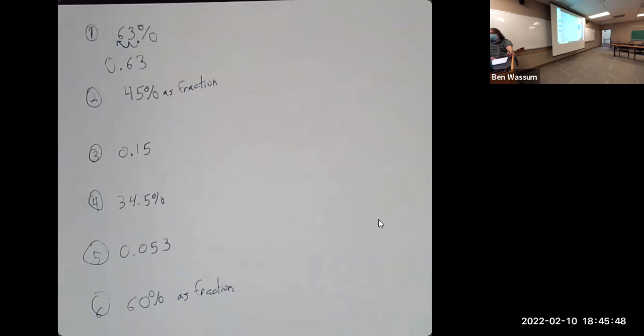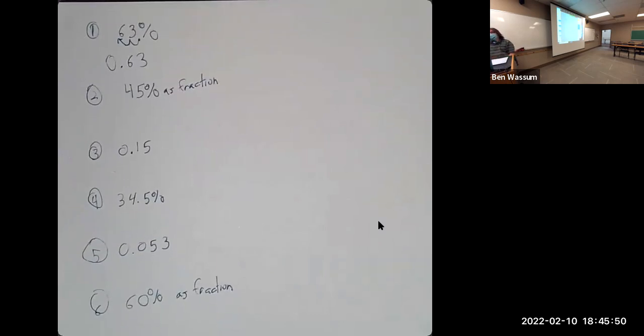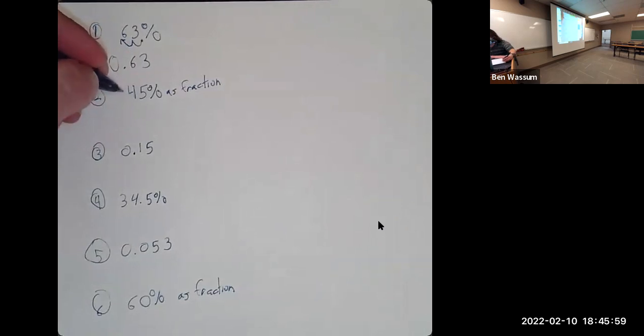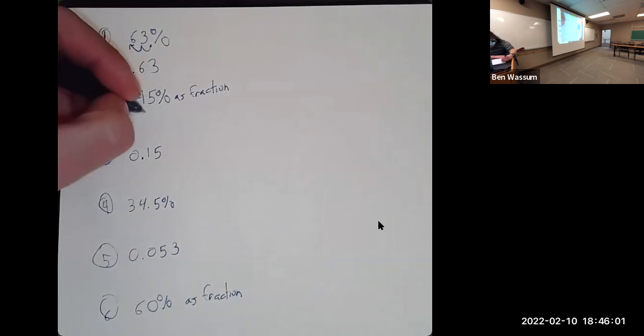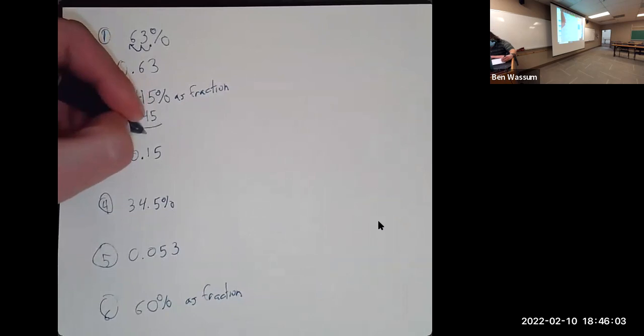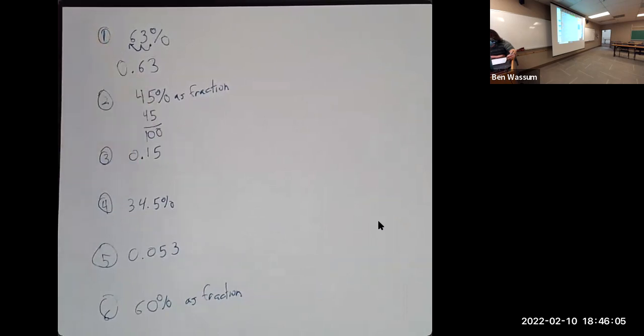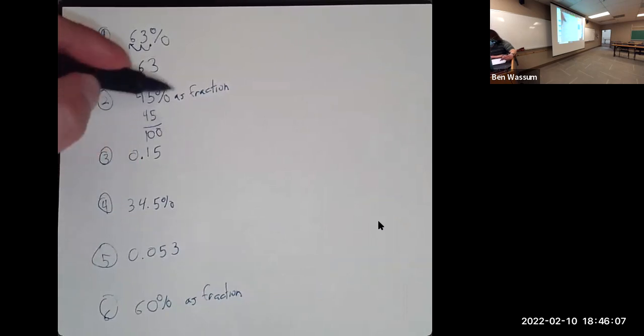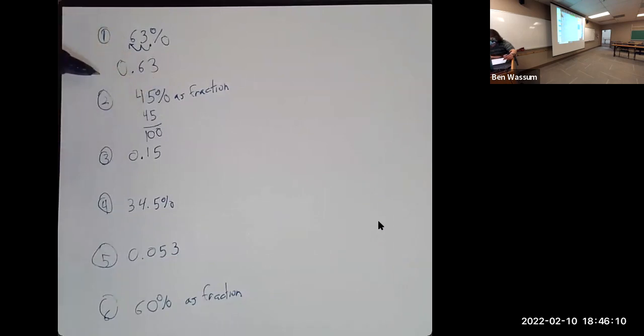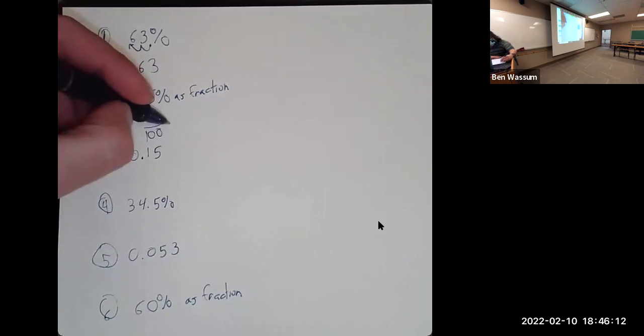So our second one is 45%, but we're not going to switch that to a decimal. We're actually going to switch it to a fraction. So with any percentage, if I was going to break this down into a simplified fraction, I would put that over 100, and I would say, okay, what can I reduce this by? Because right now it's a fraction, but it's not as simple as it can go, right?